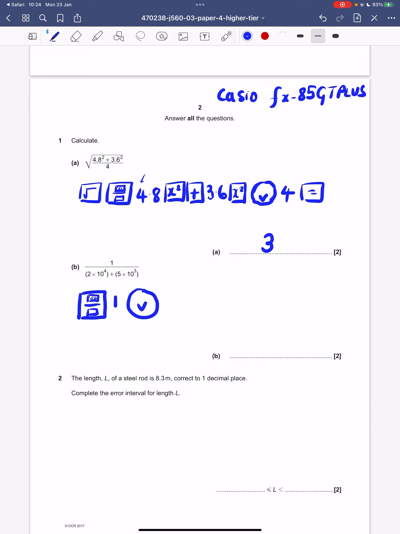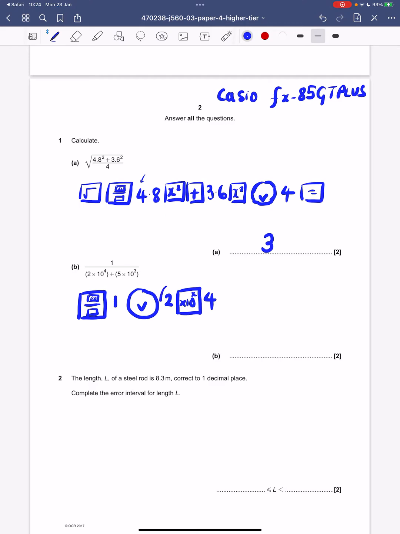Fractions button, 1, downwards to get into the denominator of the fraction, open bracket, 2, and then the times 10 to the power x button at the bottom of my calculator. I press that, and then a 4. Close brackets.